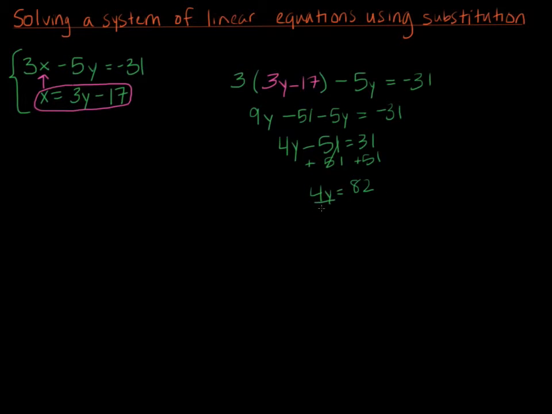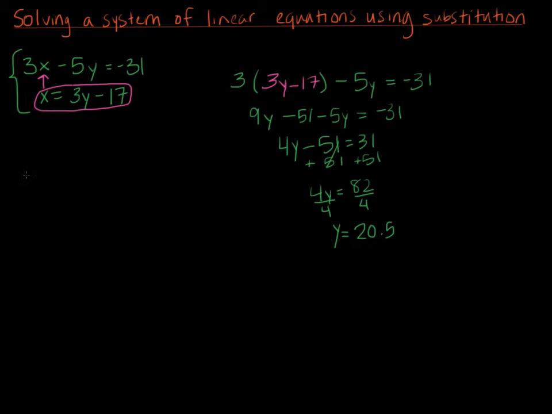So dividing both sides by 4, we get 82 divided by 4 is going to be y equals 20.5. Okay, so now once we know what y is, we can plug this back in to this equation to find out what x equals.